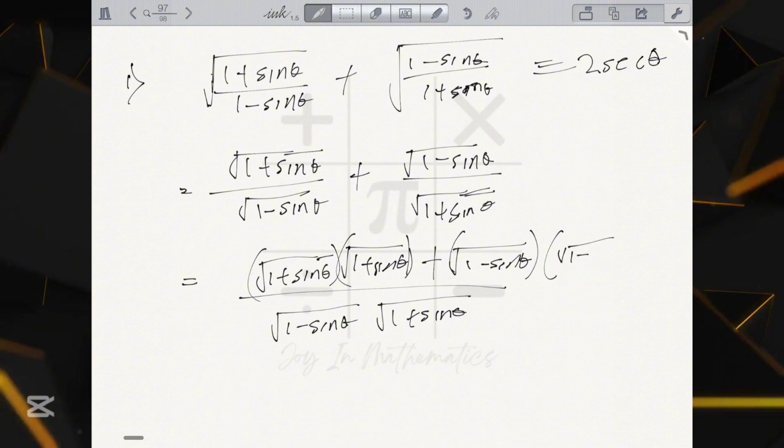This is just simple LCM. We shouldn't let the square root be a coefficient for us.